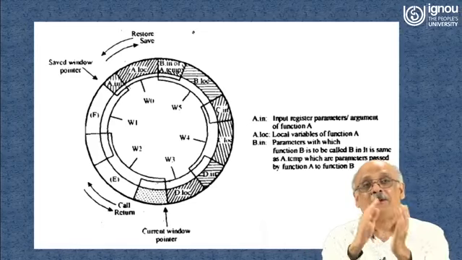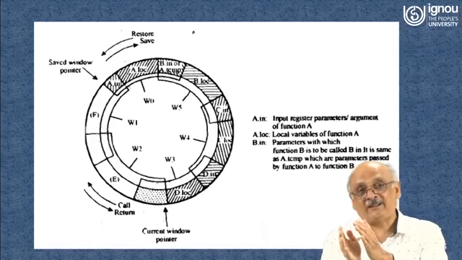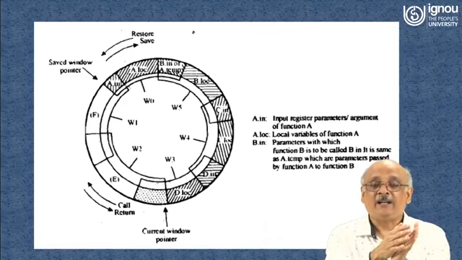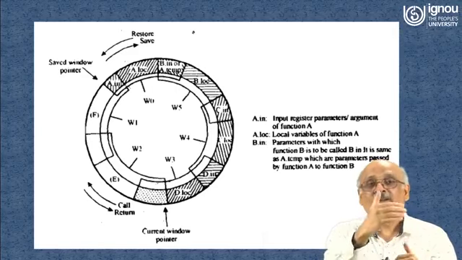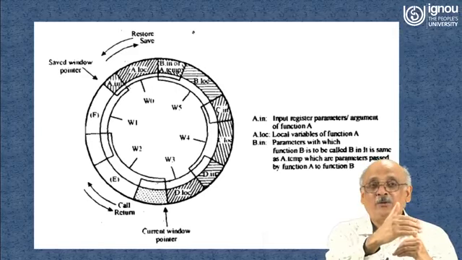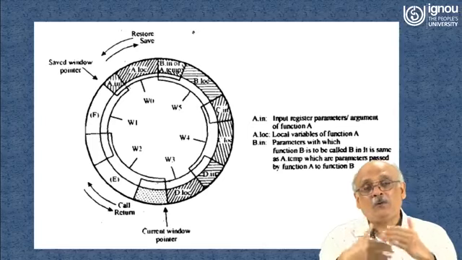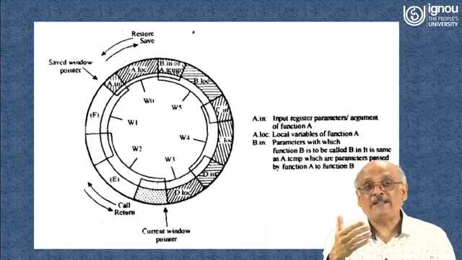Overlap registers send the parameters, and in the return cycle they store the return values; if B has returned, then B passes the results back to A. So the execution of subroutines becomes very effective with a reduced instruction set computer.